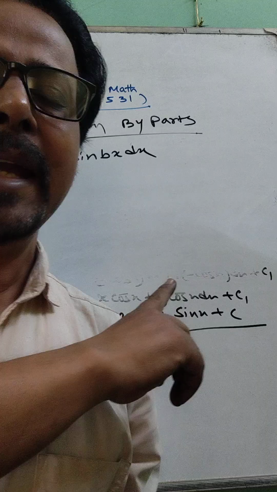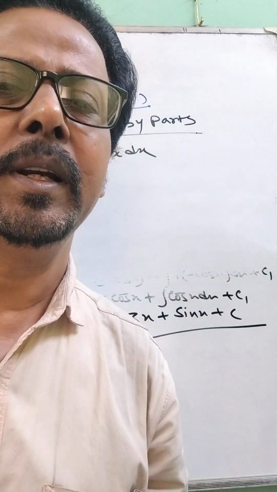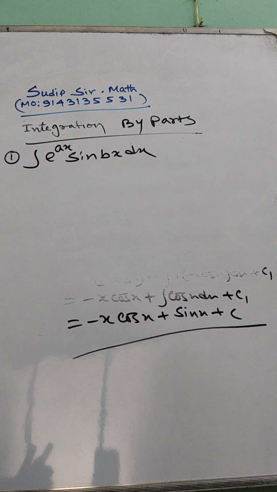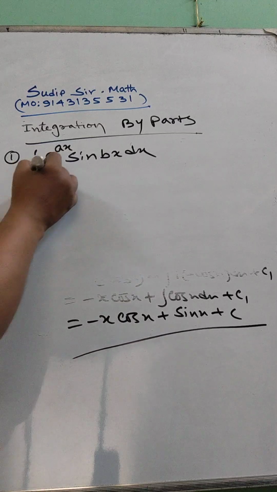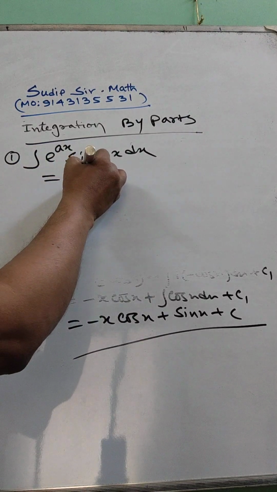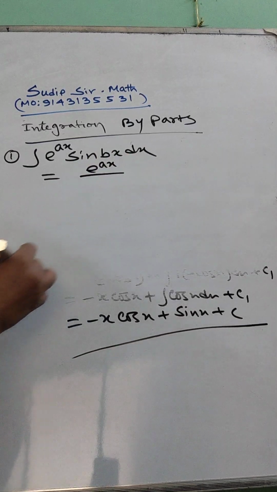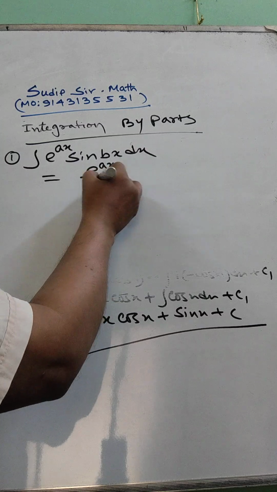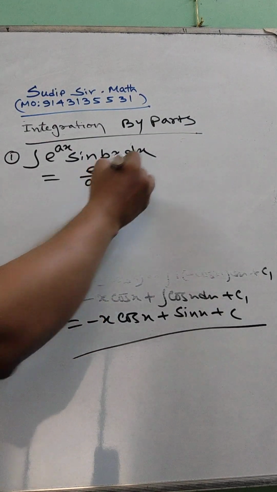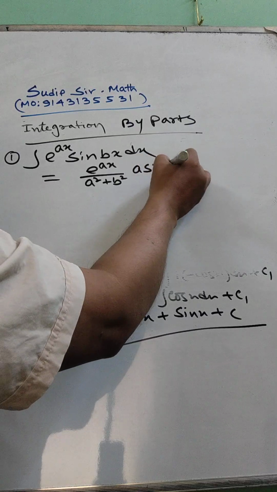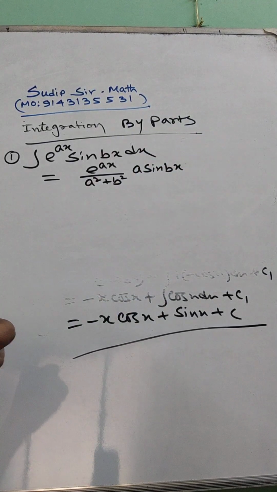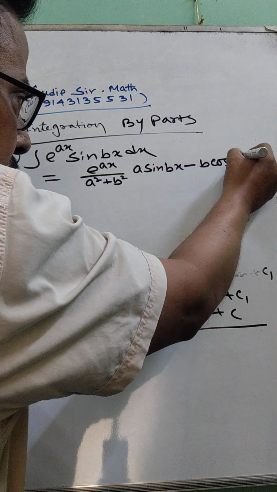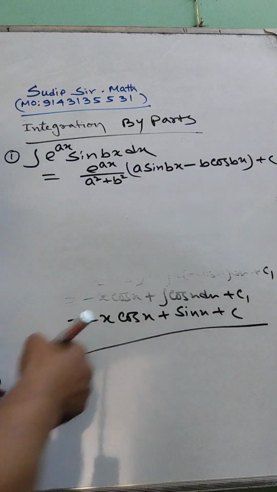Using integration by parts twice, we get the formula: e to the power ax divided by a square plus b square, times a sin bx minus b cos bx, plus c.